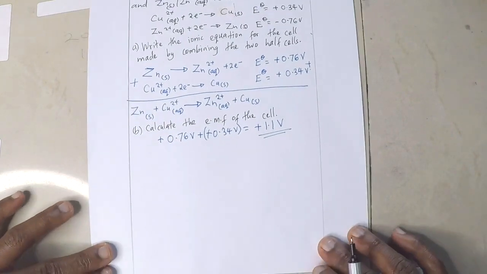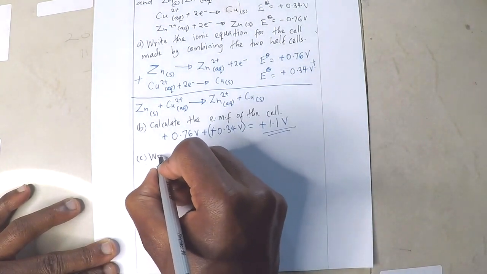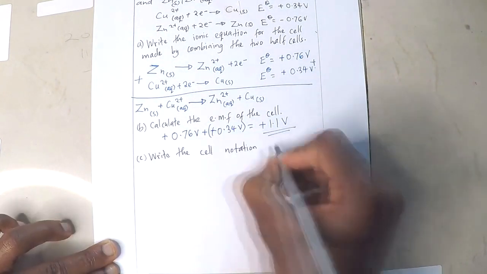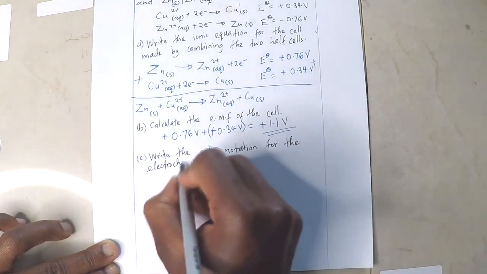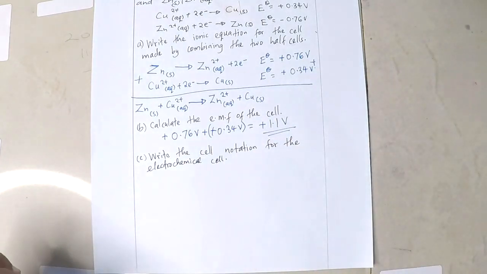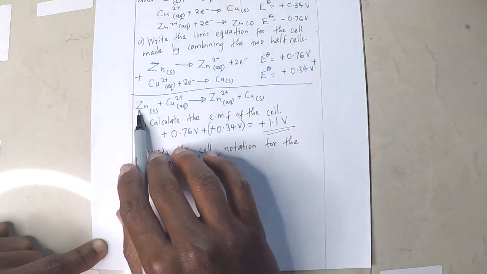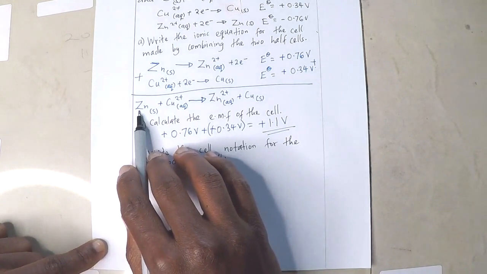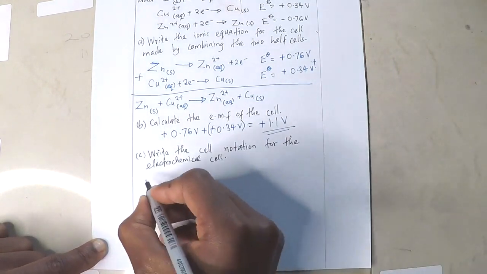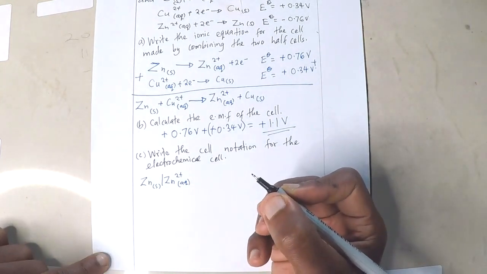The next is to write the cell notation. Since zinc is the one that is going to be oxidized, we start with the half cell for zinc.